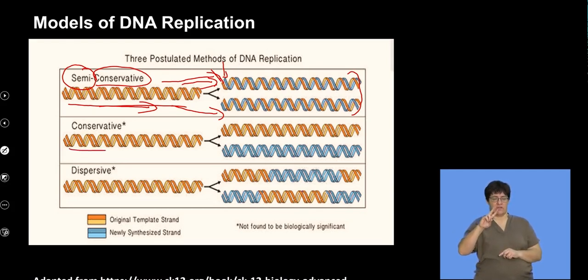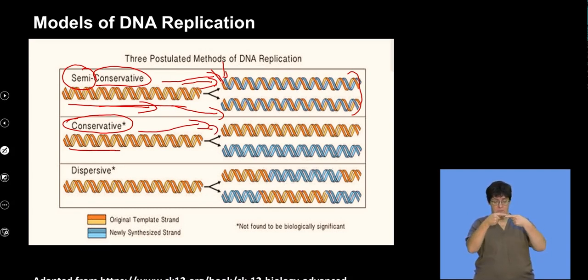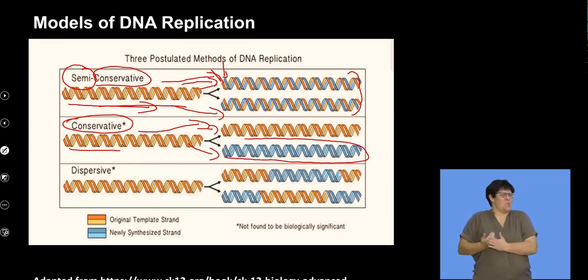The second model that we look at is the conservative model. If you think of the word conservative, it essentially refers to keeping the old. And so the conservative model talks about DNA being replicated where the original molecule is intact and a new copy of DNA is produced. This is an entire new strand made up of entirely newly synthesized nucleotides put together into a form of DNA.